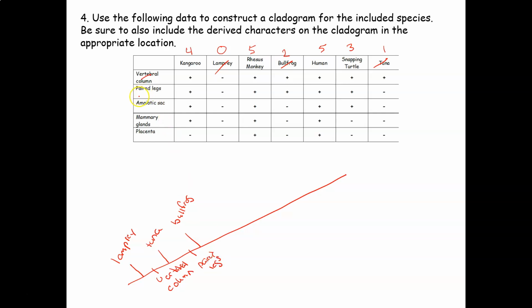All right, so we've got those legs on there. Next number coming is your snapping turtle. All right. And the trait that he's got is the amniotic egg. Also includes everyone above him, so we can put it here.